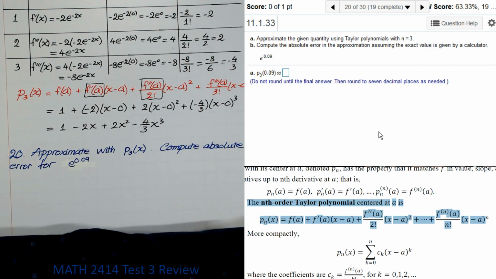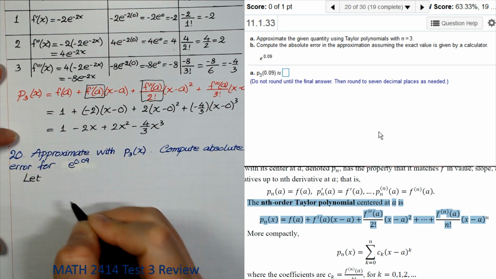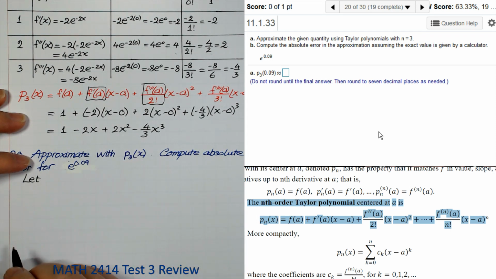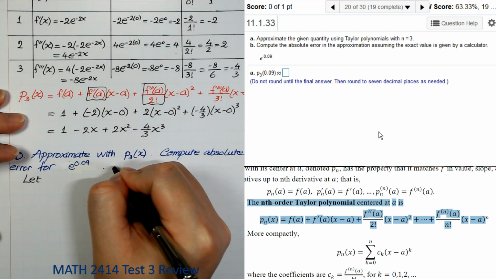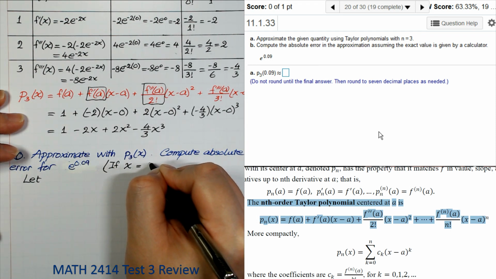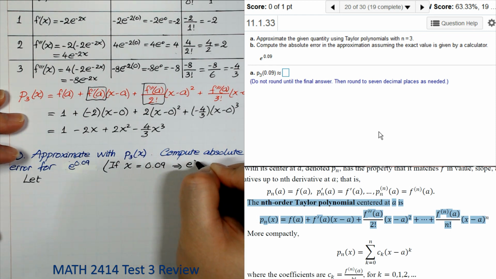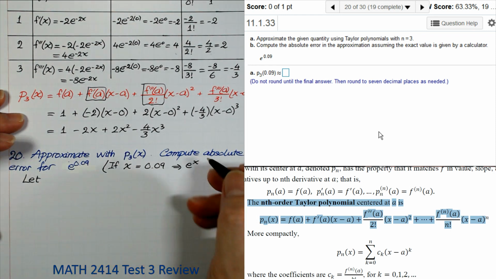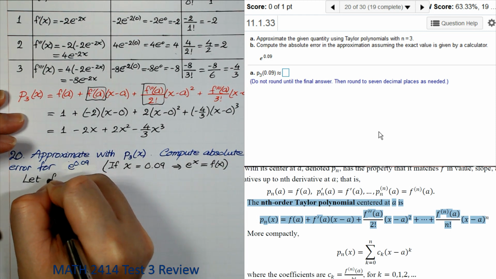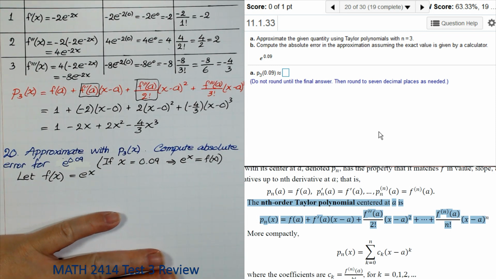What we need to write first is, what is the function? By the way, before we answer that question, let 0.09 be x. So we have e to the x as a function. And also, where do we choose the center?